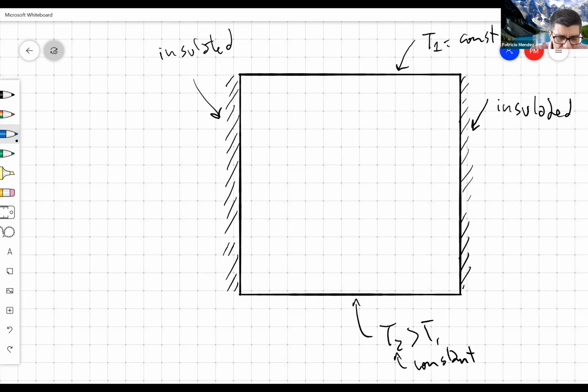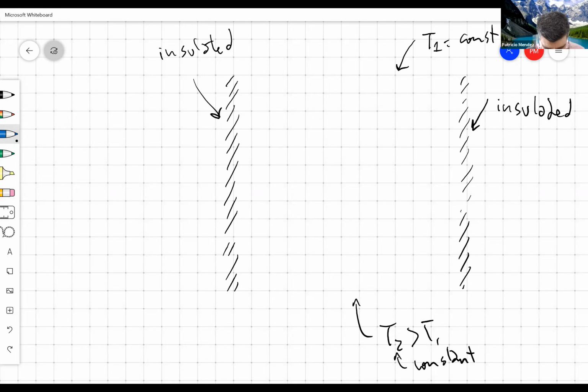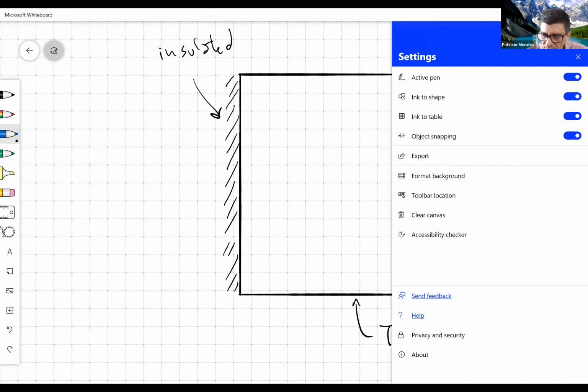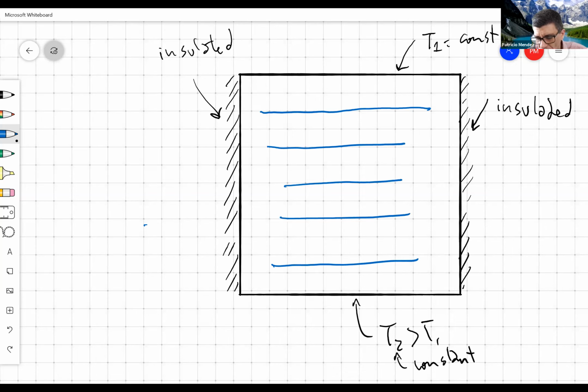Yes, isotherms are parallel to the surfaces of constant temperature.